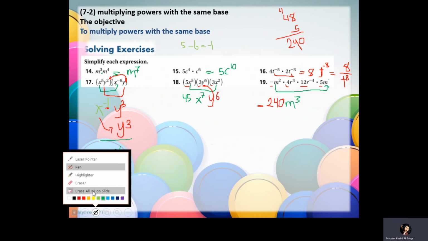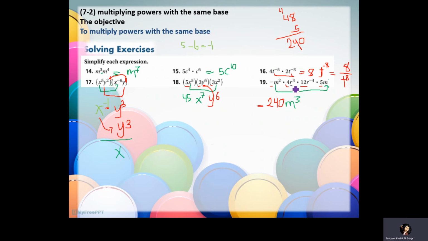Next, if I have this r with this r, same base, I'm going to add their powers. So r times r, to the power 3 minus 2 will be minus 1. I learned in the previous lesson what to do with negative power.